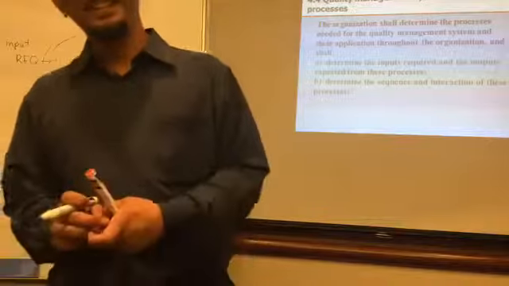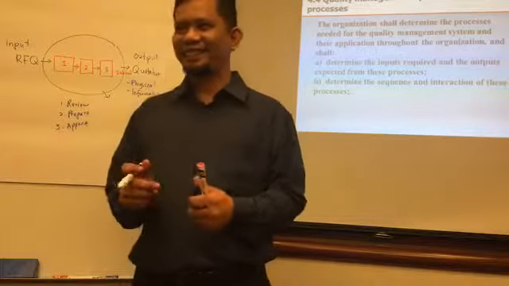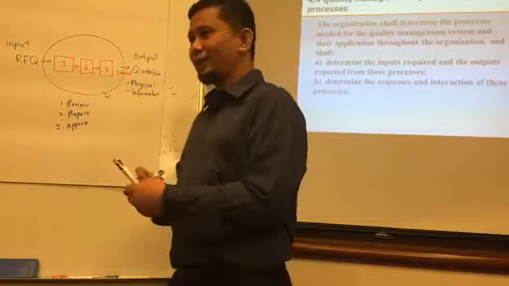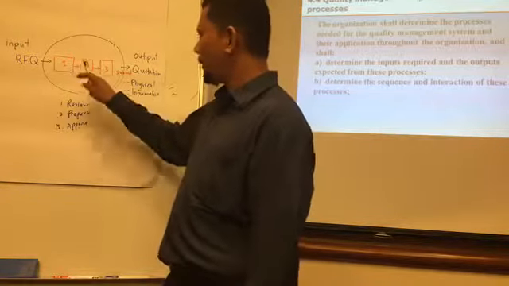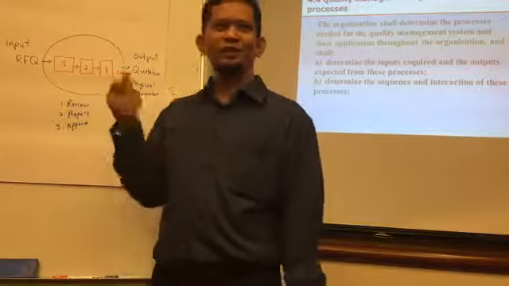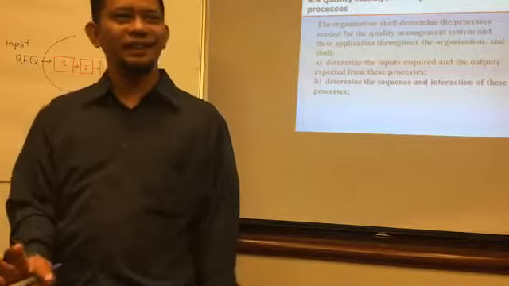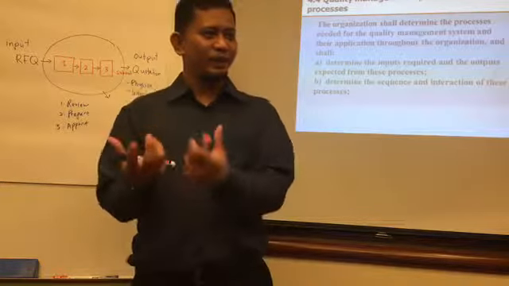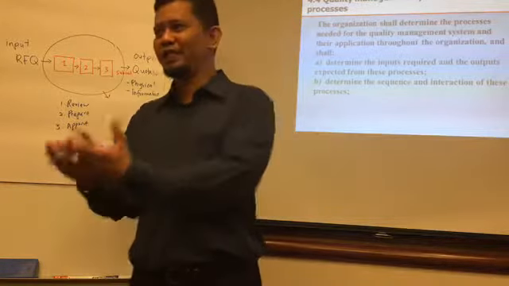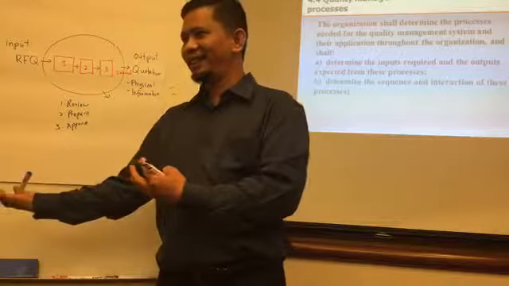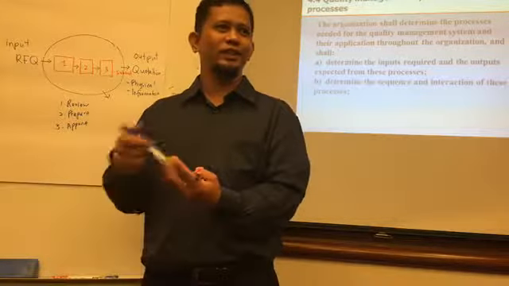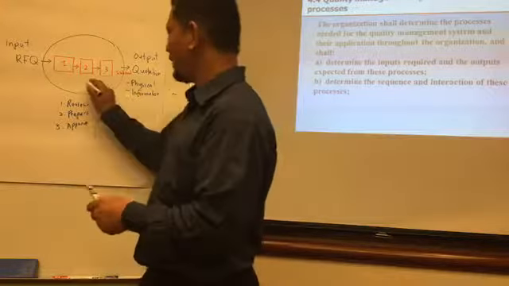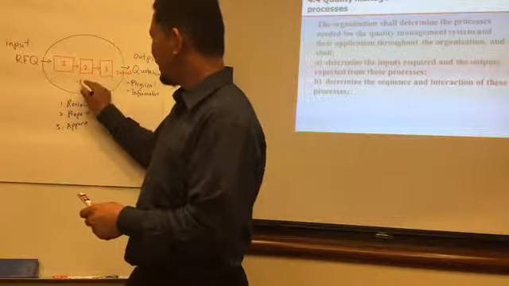And then what is interaction? Interaction is normally, for example, when you want to prepare the quotation, you need information from a different entity or different department. For example, you need the information from purchasing on the material cost. That means you interact with purchasing. So maybe you can add in that you will interact with purchasing.